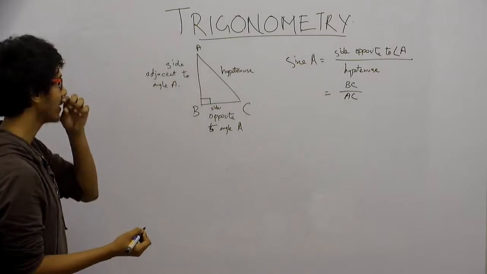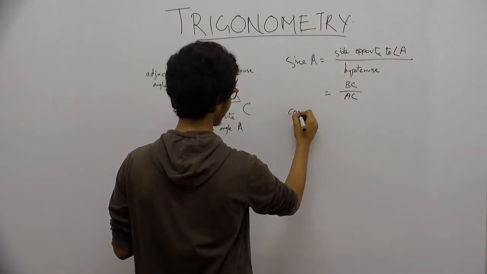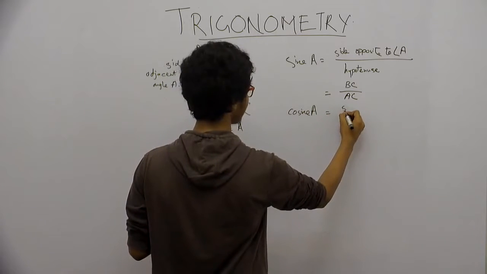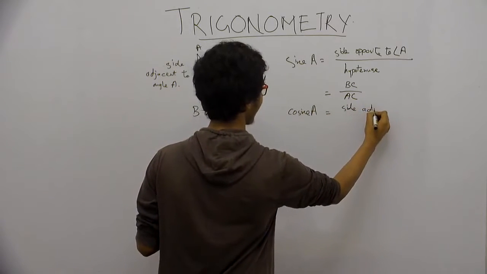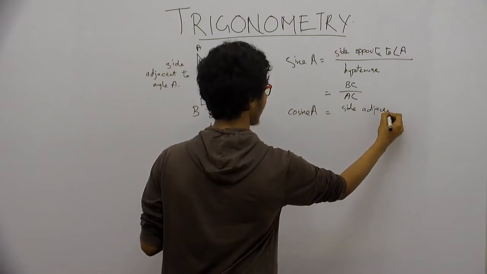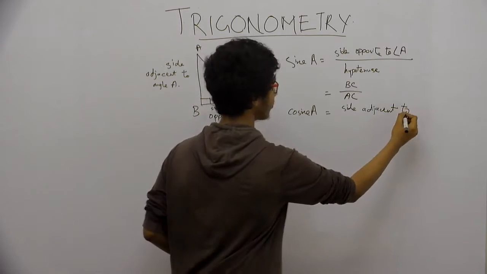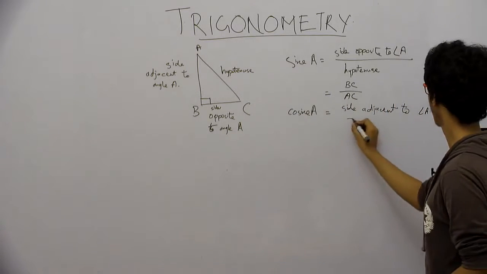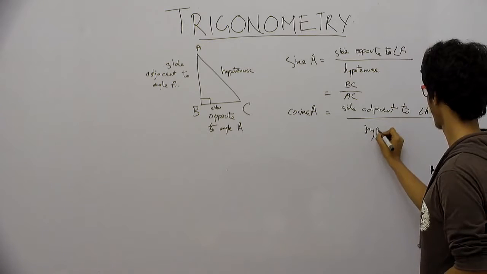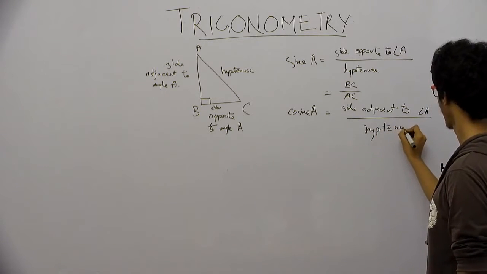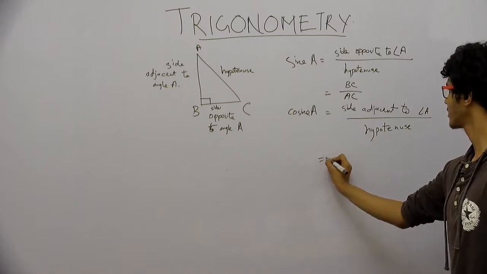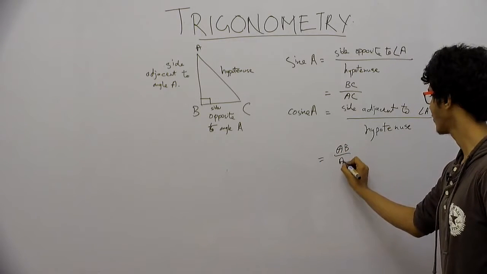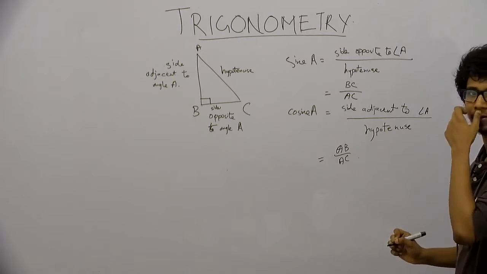Similarly, cosine A is defined as the side adjacent to angle A divided by the hypotenuse, which is nothing but AB divided by AC.